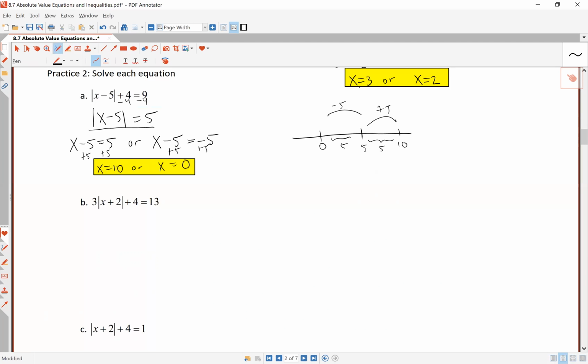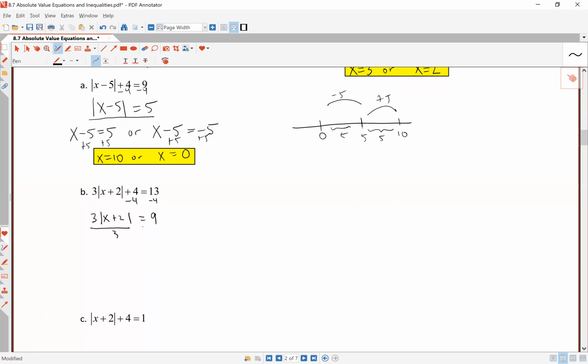Letter B, we isolate the absolute values by subtracting 4 from both sides, and we get 3 times the absolute value of x plus 2 is equal to 9. Dividing both sides by 3, we get the absolute value of x plus 2 is equal to 3.